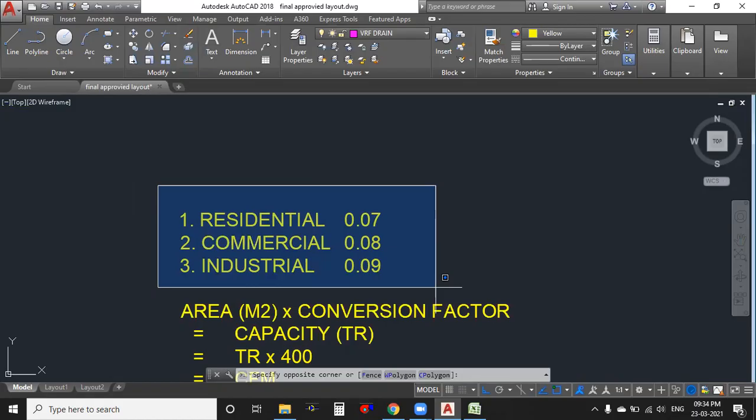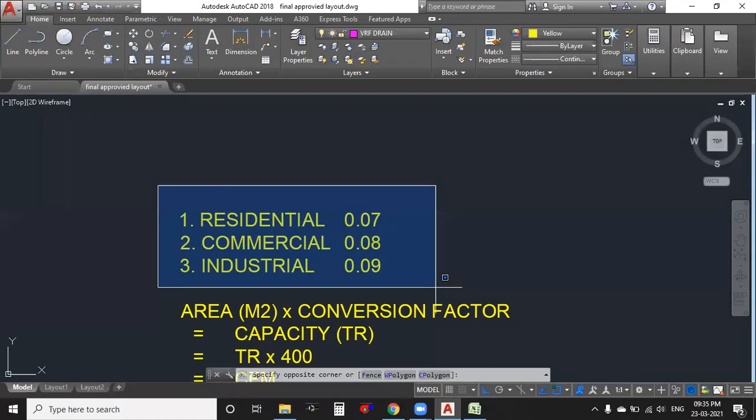The second one is commercial. Commercial means offices. And industrial means where people work with mechanical equipment like machineries. Commercial means offices, so we are going to work with computers.